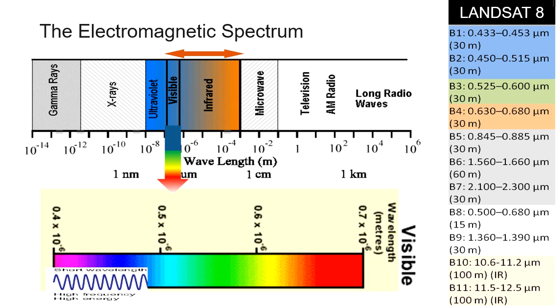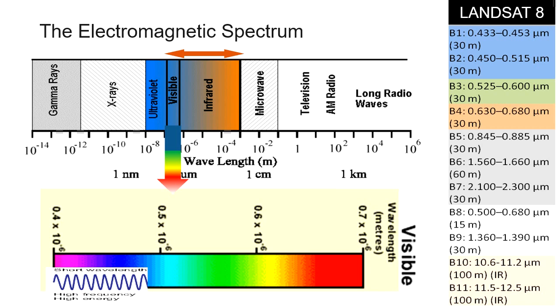So here we were talking about the visible part, and the visible part as a whole ranges from 0.4 to 0.7 micrometer. First we will discuss the blue part here. As you can see, the blue wavelength is the shortest wavelength, okay? And in terms of frequency, the frequency will be the highest. If the frequency is highest, then energy is also the highest here.